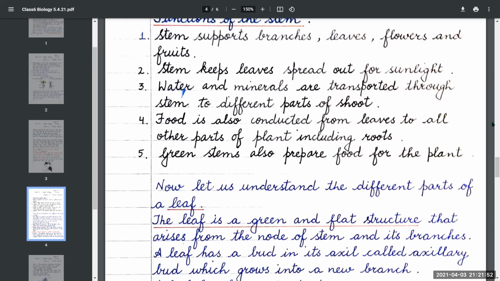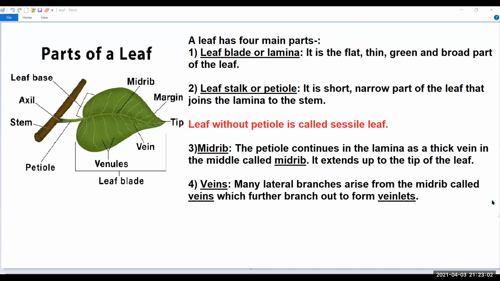A leaf has a bud in its axil called axillary bud, which grows into a new branch. A leaf has four main parts: leaf blade or lamina, which is the flat, thin, green, and broad part of the leaf.